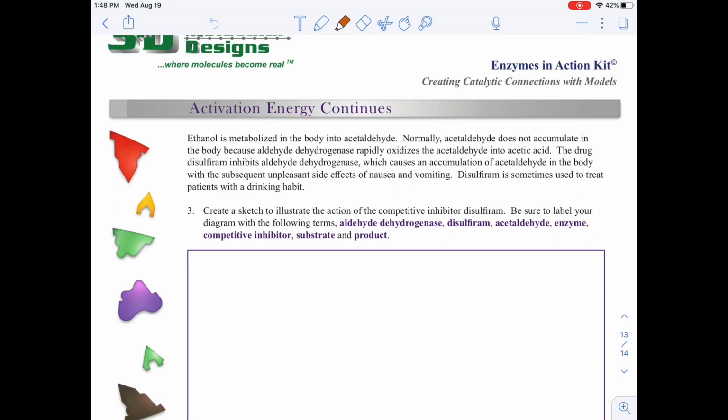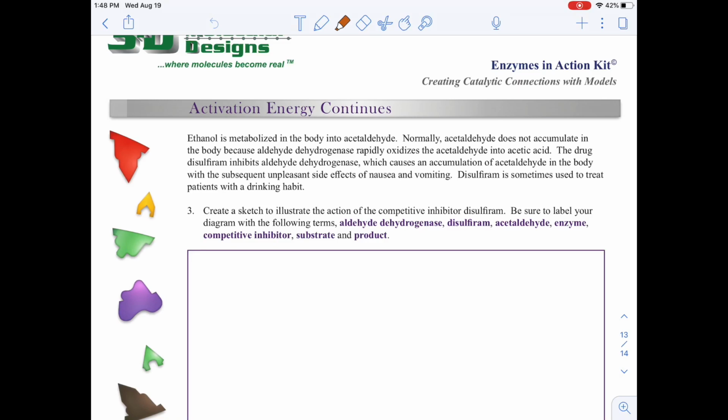Now you have this drug disulfiram, which inhibits aldehyde dehydrogenase. So if you are inhibiting that, it's going to cause the acetaldehyde to not bind with your enzyme, and then it's just going to build up in your body instead of turning into acetic acid.